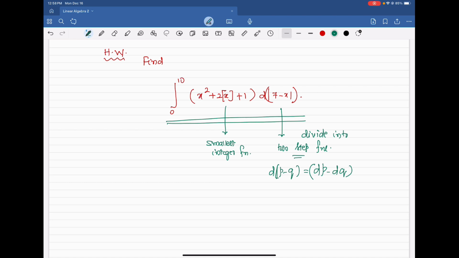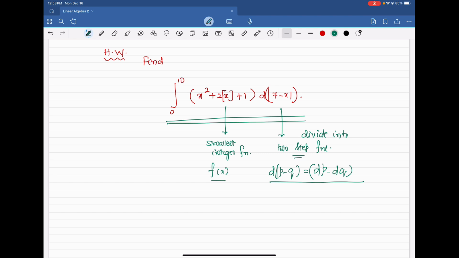And for the smallest integer function, you apply this function x, and this is the differential operator, or integration, with which you will be doing the antiderivative. Then use these concepts which I have already explained.